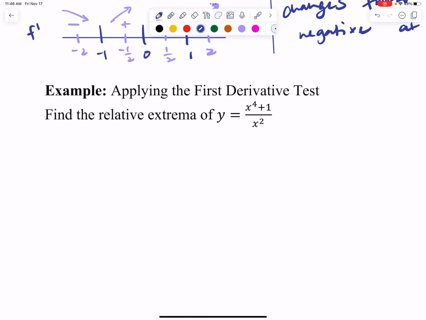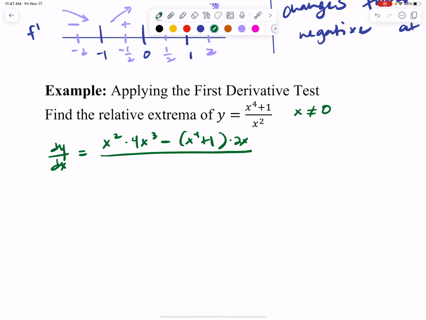And this last one, if you want, you can pause it and try this one on your own. I'm going to state first, x can't be equal to 0, just in case that ends up as being a potential critical number. I'm going to use quotient rule here. So low d high minus high d low, all over low low.